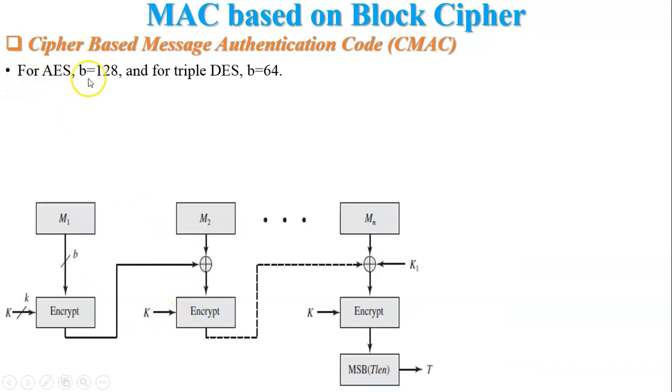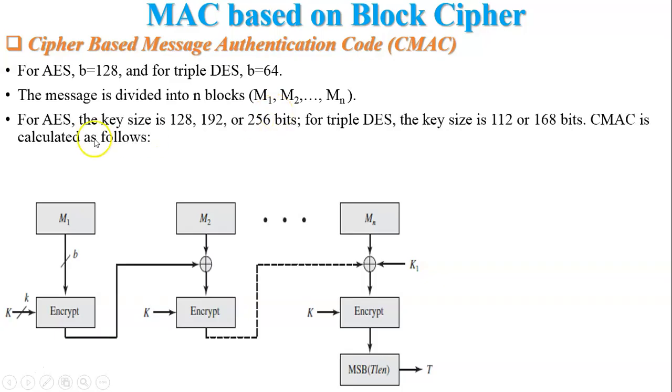Now for AES b is equal to 128, and for triple DES b is equal to 64. The message is divided into n blocks. For AES the key size is 128, 192 or 256 bits, based on the algorithm. For triple DES the key size is 112 or 168 bits.